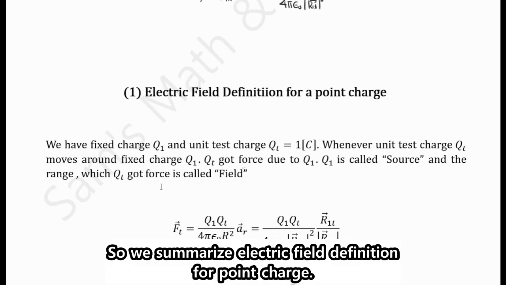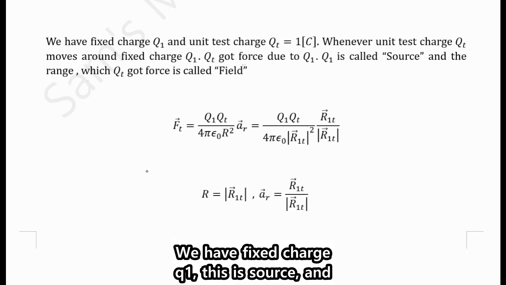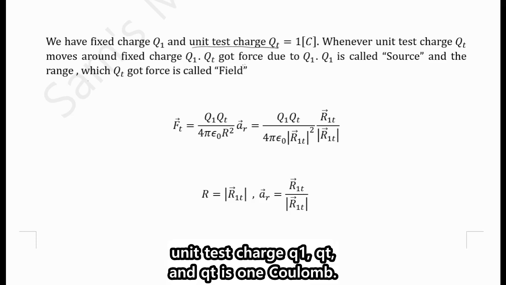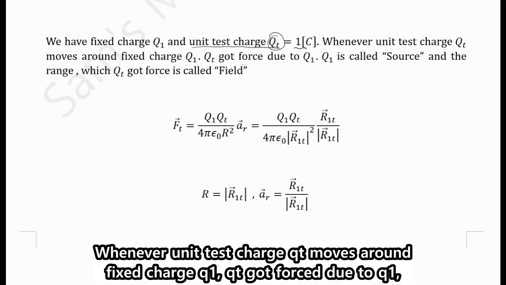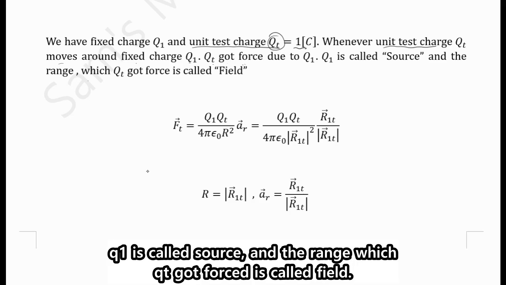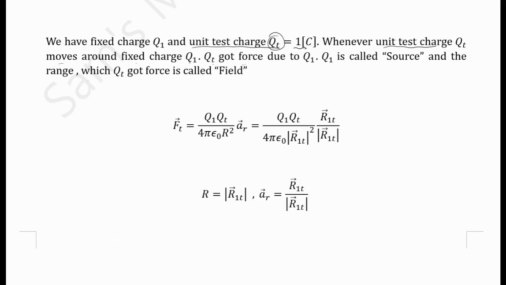So we summarize the electric field definition for a point charge. We have fixed charge Q1, which is the source, and unit test charge Qt, where Qt is 1 Coulomb. Whenever unit test charge Qt moves around fixed charge Q1, Qt gets a force due to Q1. Q1 is called the source, and the range in which Qt gets force is called the field.